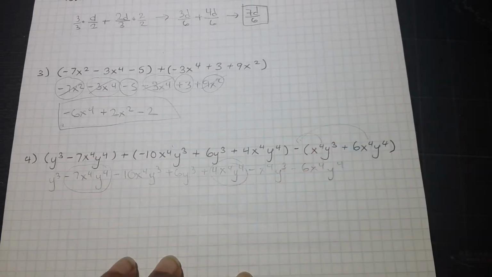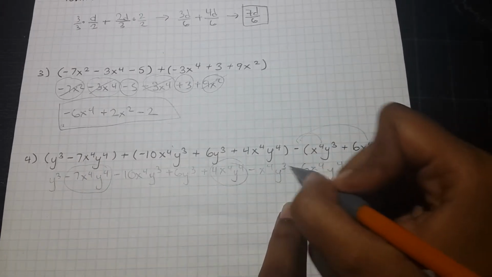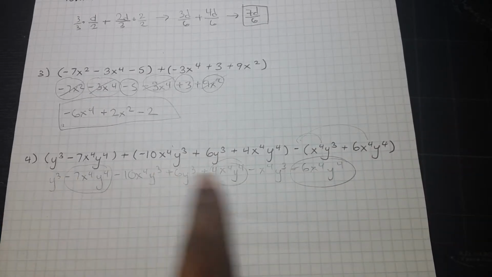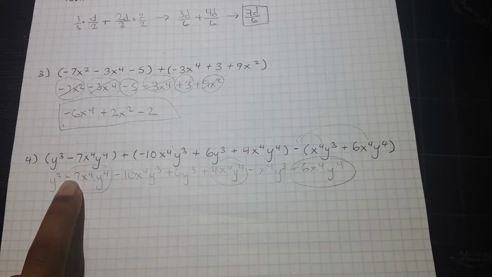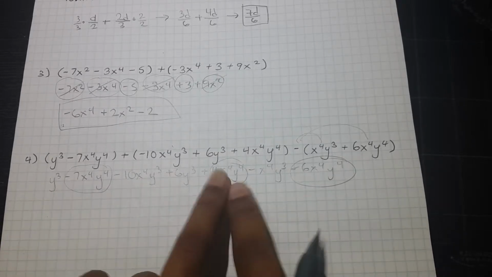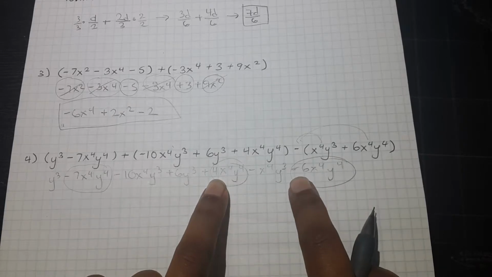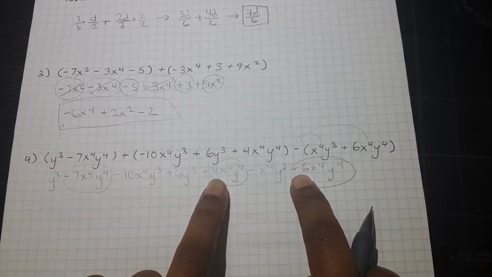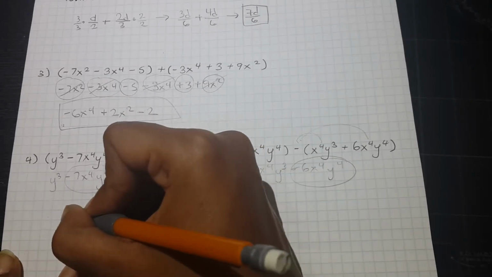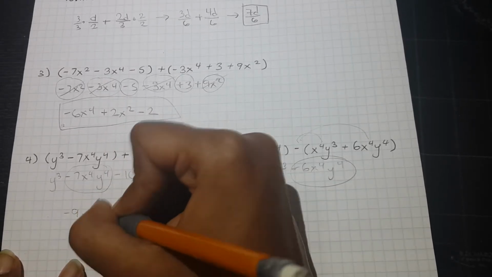So I'm going to just search for all the terms that have that degree, and it seems like there's only 3 terms. So I have negative 7 plus 4, right, that's negative 3, and then negative 3 minus 6 is going to be negative 9. So my final result of that is going to be negative 9 x to the 4th, y to the 4th.